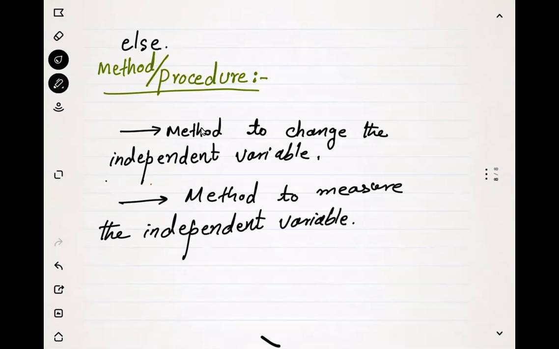Independent variable. So method to change the independent variable, method to measure the independent variable, and the dependent variable will change on its own. Your duty is just to measure that.